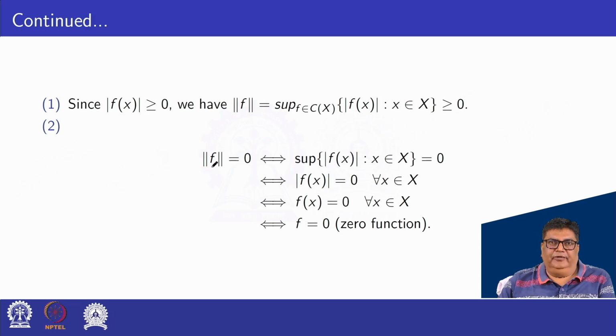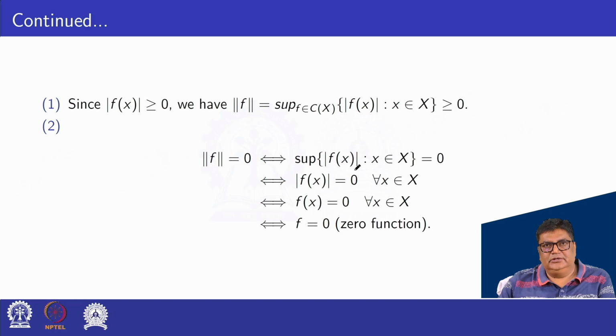Second, ‖f‖ = 0 if and only if f is the zero function. Because ‖f‖ = 0 if and only if the supremum value of |f(x)| is equal to 0.